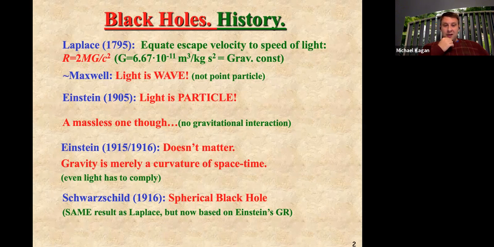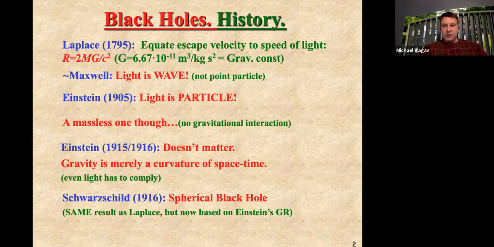So the sad part of the story is that Schwarzschild was in his 40s when he did this. He was a pretty established astrophysicist in some pretty good German university, but he volunteered in the First World War, and he was wounded.